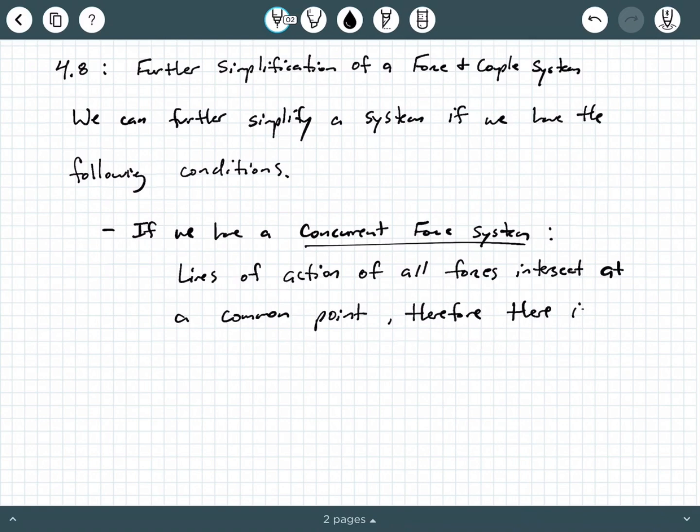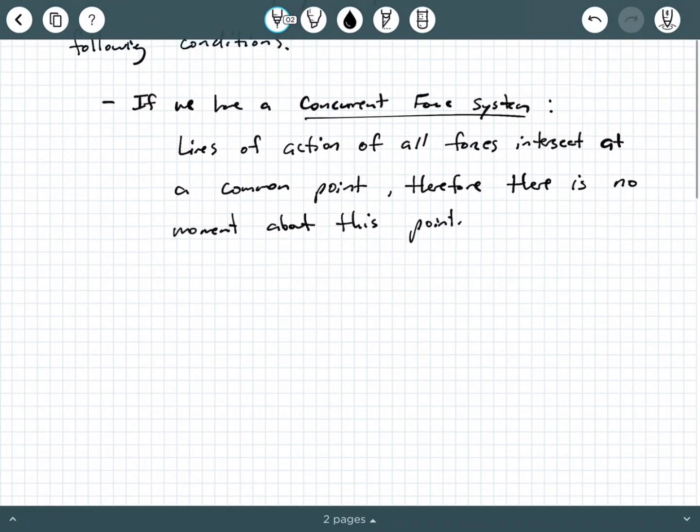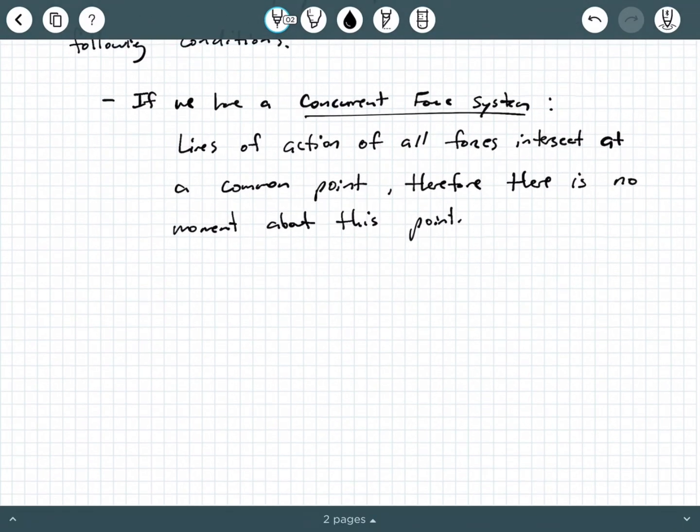Therefore, there is no moment about this point. So that's kind of like the particle equilibrium problems we've already dealt with. Those are called concurrent force systems.